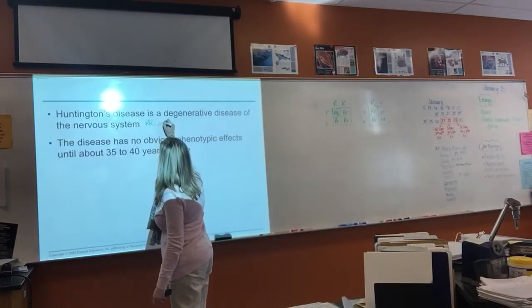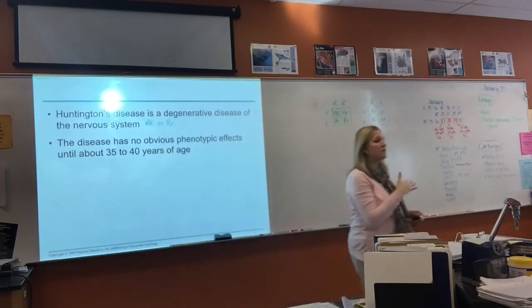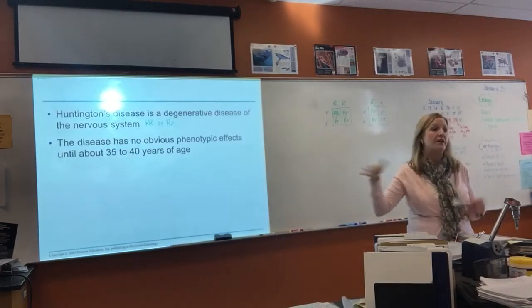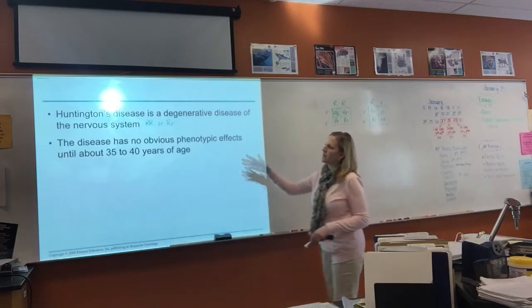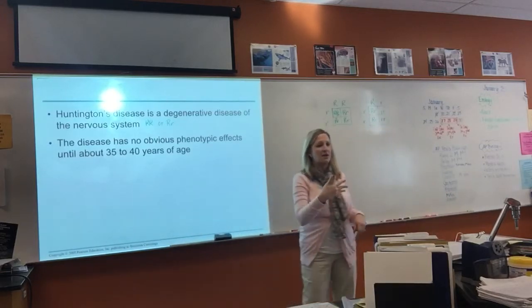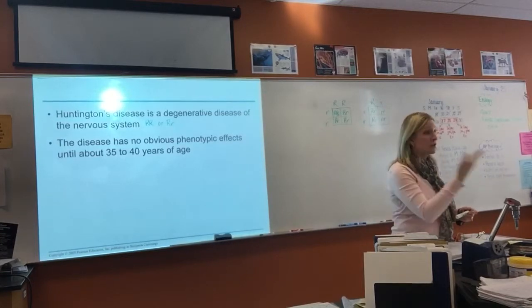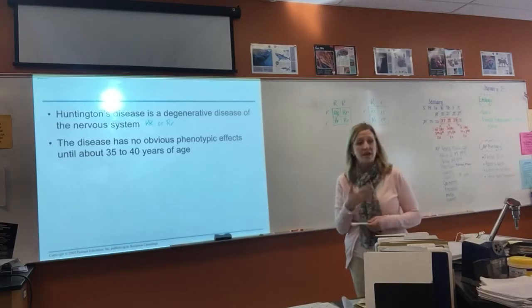The thing is that with the disease, you don't even know you have it. You have no symptoms of this disease until you are 35 to 40 years of age. Then you start to see symptoms. And so the thing with this then is that usually by 35 to 40 years old, people may have already had children and could have already passed on that gene to their kids before they even know that they have that disease.